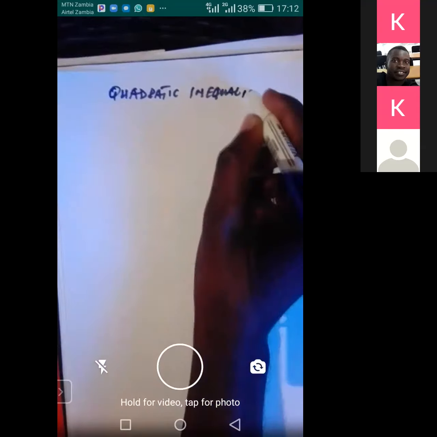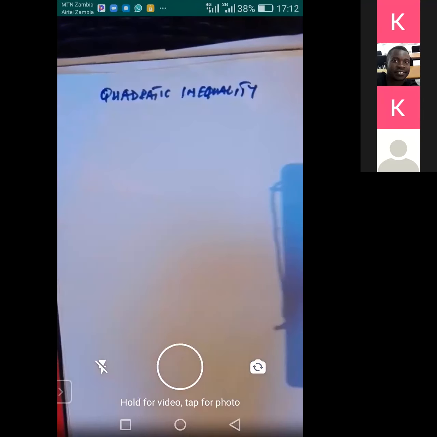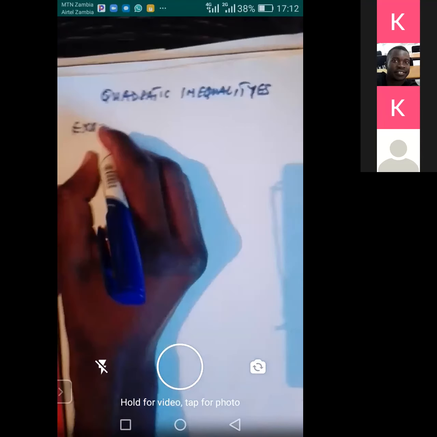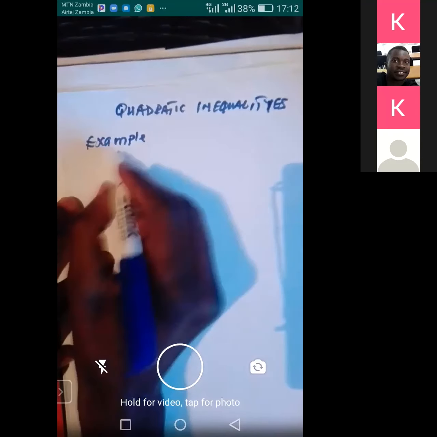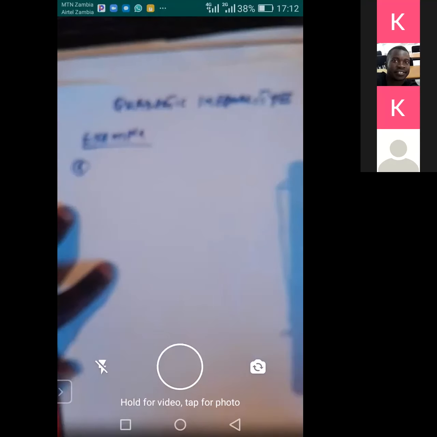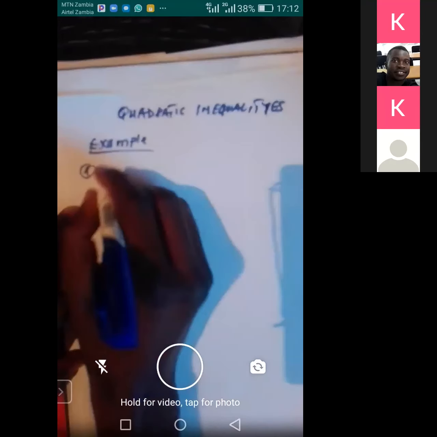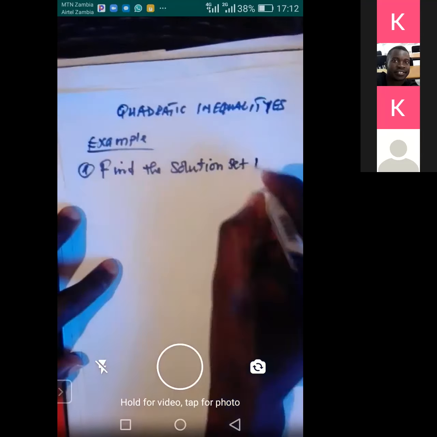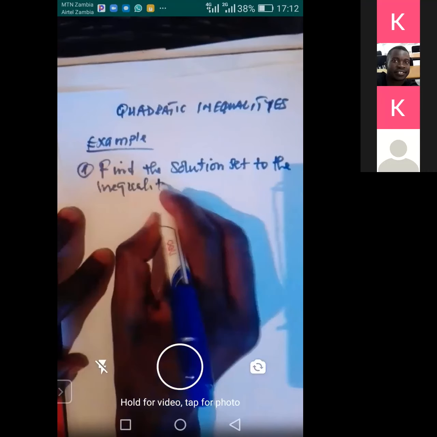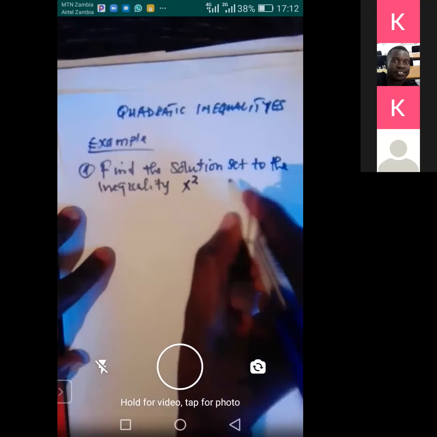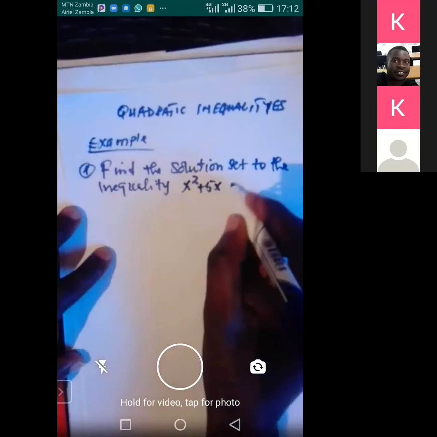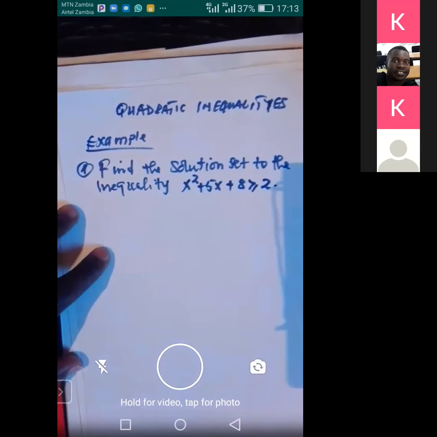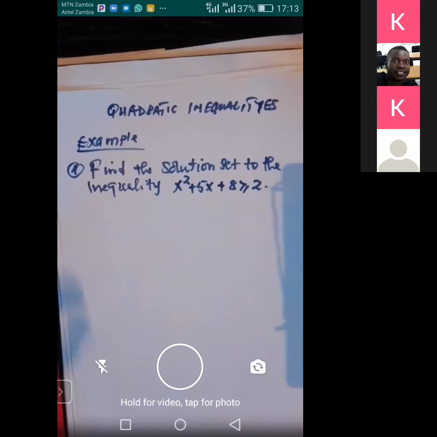Example 1. Find the solution set to the inequality x squared plus 5x plus 8 greater or equal to 2.